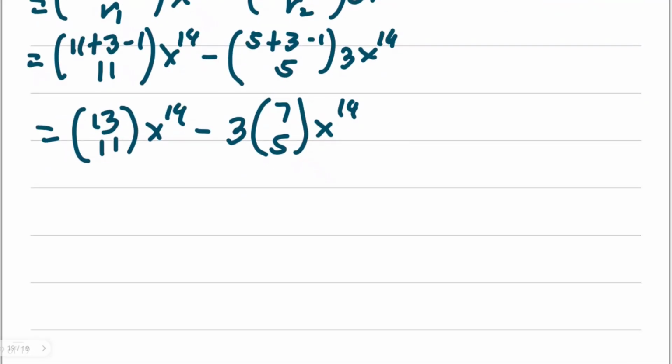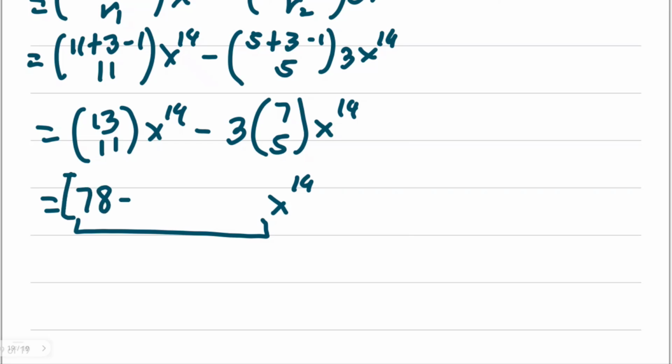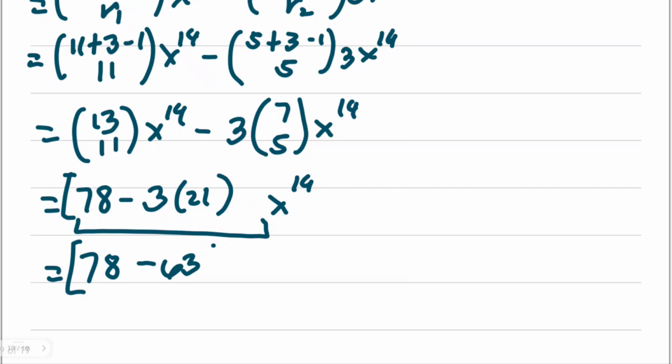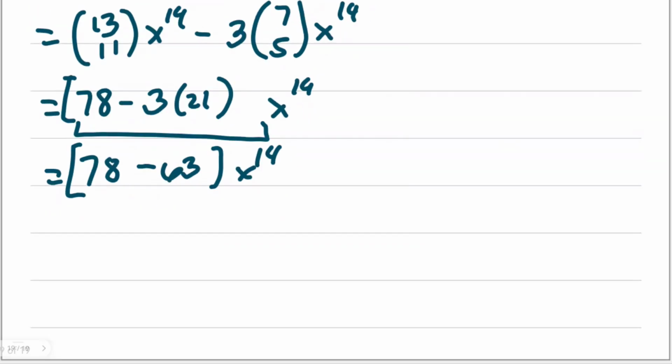Let's factor out X to the power of 14, and the result here would be 13 combination 11 is actually 78, okay, minus 3 times 7 combination 5, that's actually 21. So 78 minus 63, you will have 15 X to the power of 14.